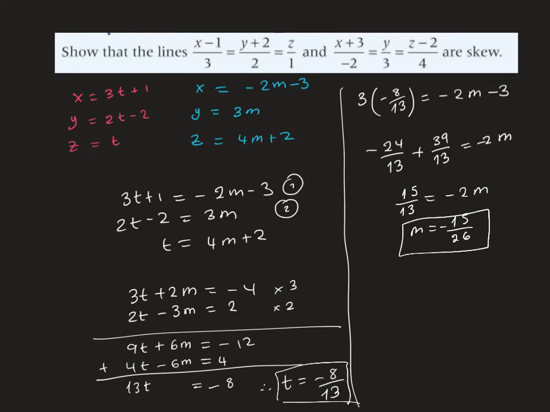Let's see if it's true for the third equation. The third equation is t equals 4 times (m, which is minus 15 over 26) plus 2. If this is true, then the value of t that we should get should be minus 8 over 13.